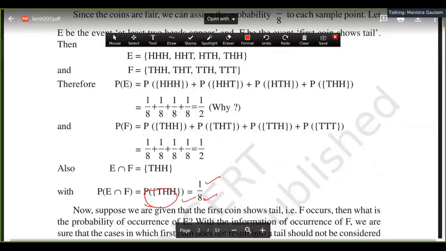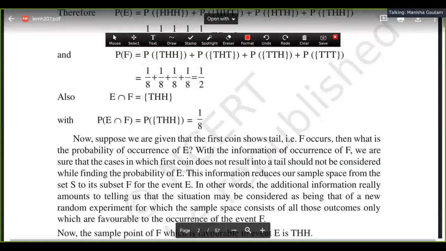Here we have done the probability of E, the probability of F, and the probability of the common part, that is E intersection F. Now suppose one condition is given to you. Just read the condition. Suppose we are given that the first coin shows tail.